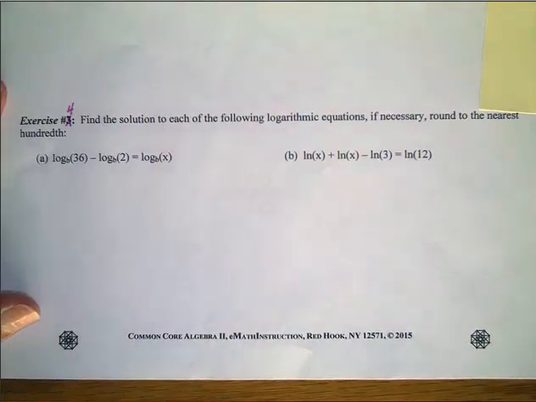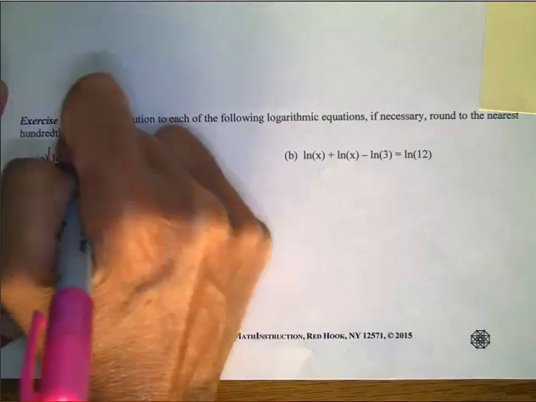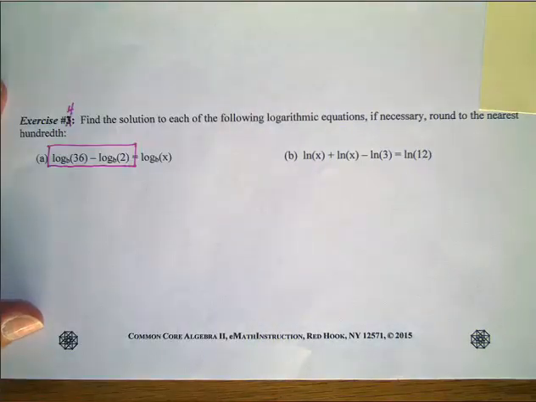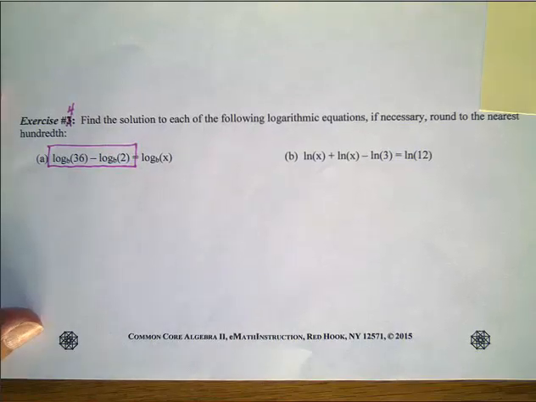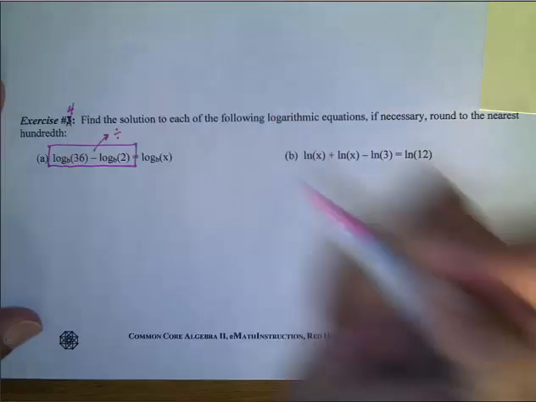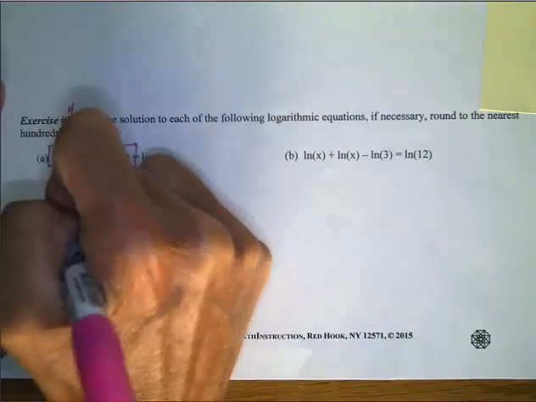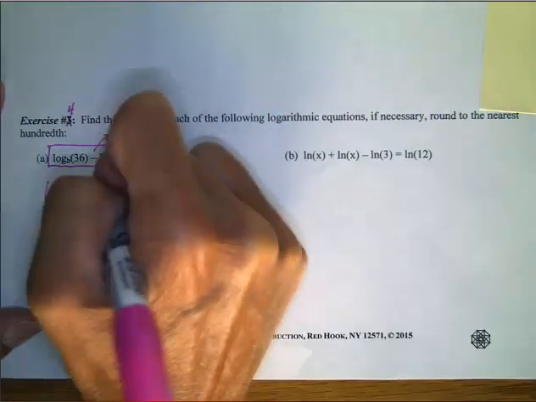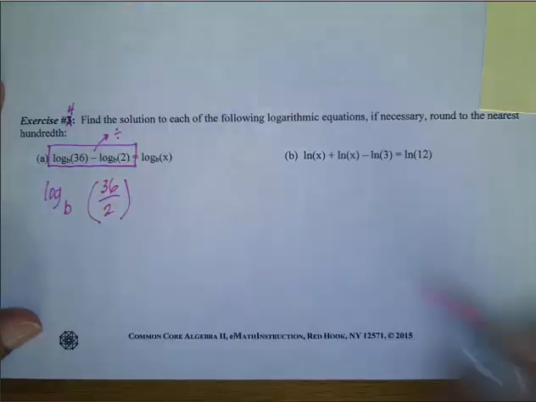So this is logs on both sides, so you can see, holy cow, there's lots of logs everywhere. And when I look on one side again, I have multiple logs. So the first thing I have to do is combine these logs. You can only have one log on each side in order for this process to work. So to combine these, again, I know that subtraction means to divide. So I'm going to take my log base b, and I'm going to divide 36 and 2.